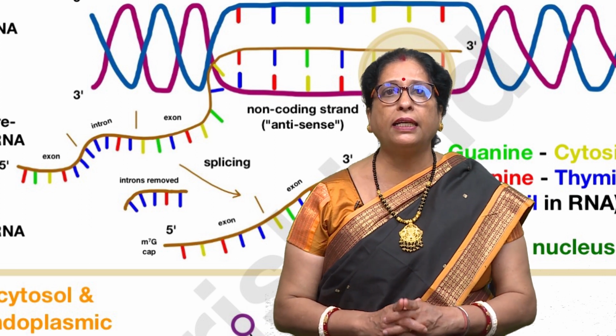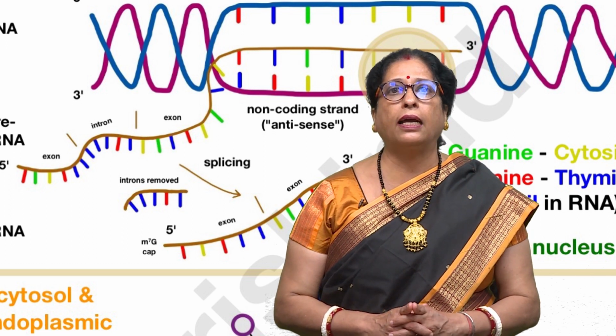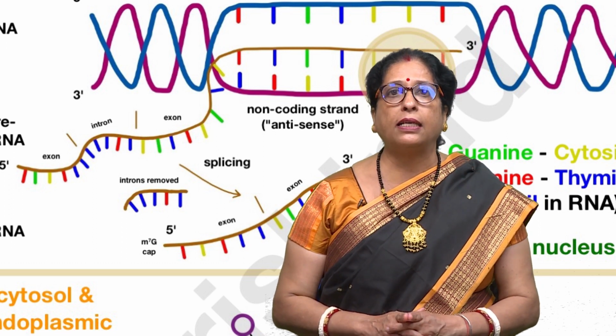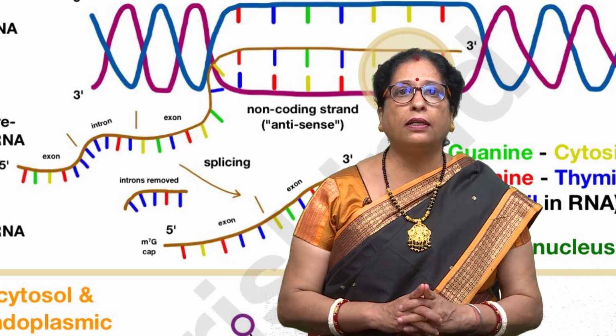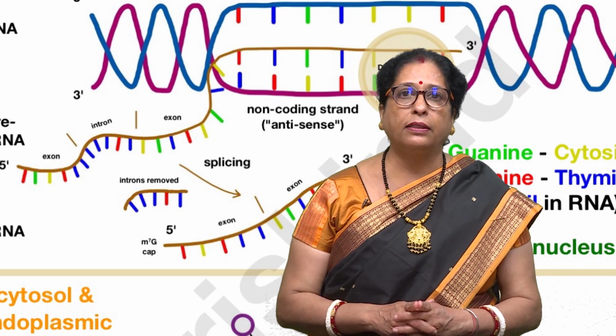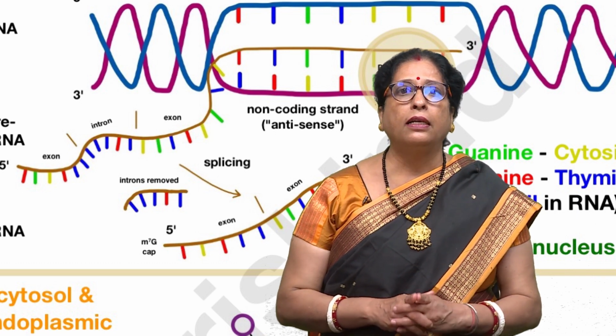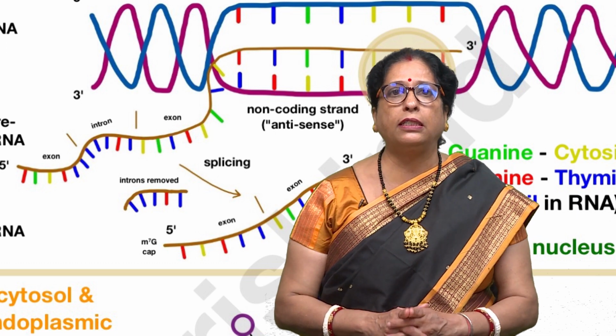The vacant A site now contains a new codon and an aminoacyl tRNA with the correct anticodon can enter and bind. This process repeats until a stop codon is reached.